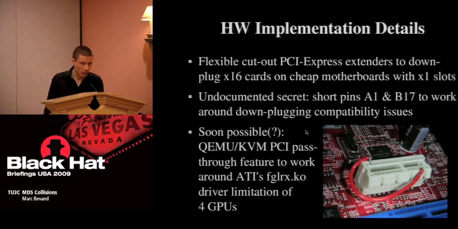This is called downplugging, but not every motherboard allows this. I got access to the PCI Express spec and noticed that you have to make contact to short pins A1 and B17 to fake the presence of another card, to basically make the motherboard believe that you are plugging in one card. So that's a trick, as far as I know, that nobody knows.